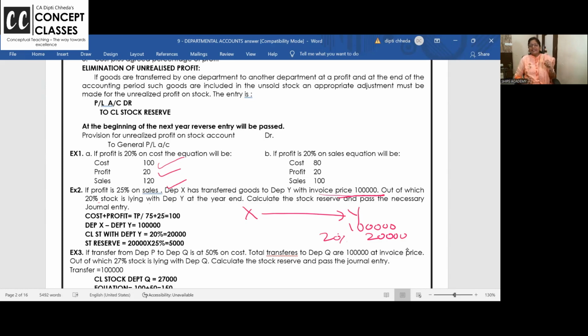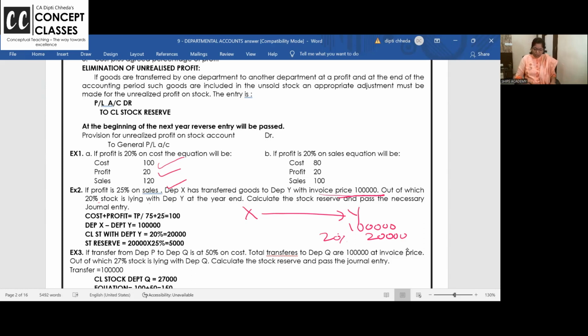In that case, if departments are sending goods to another department with interdepartmental profit or loading or markup, should we reverse it or not? X department's stock is lying with Y department at profit. Ultimately, all our closing stock should be at cost.